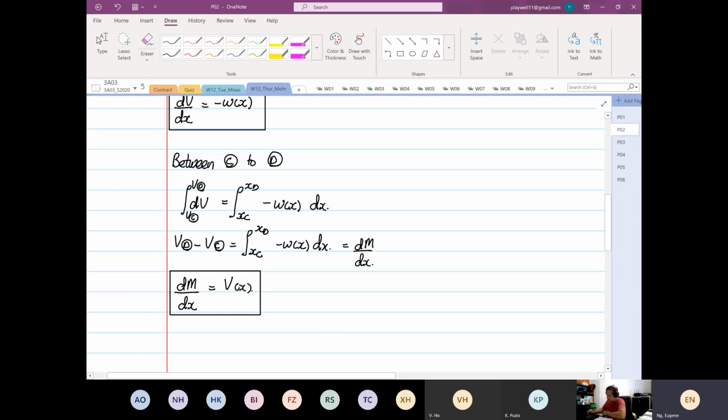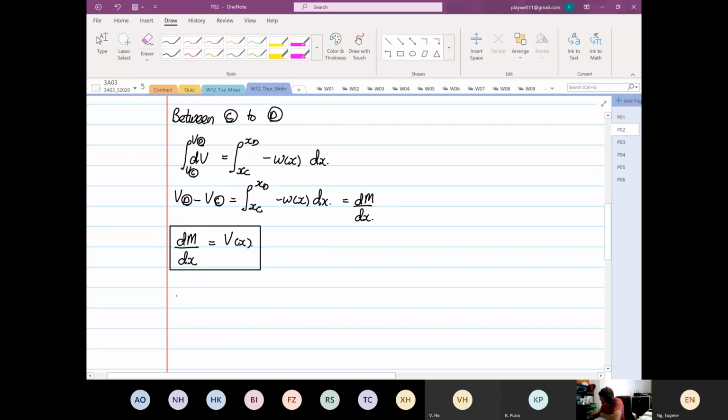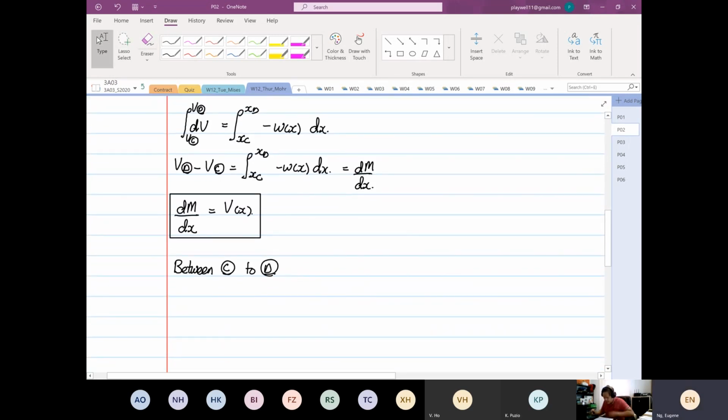Again, between C and D, we're going to have the moment at point D minus the moment at point C. This will be equal to the integral from x_C to x_D of V as a function of x dx. Okay, so you guys have probably seen this in your math before.